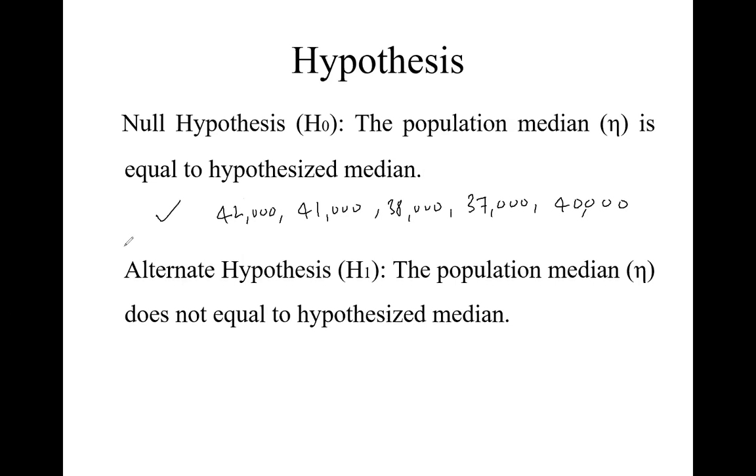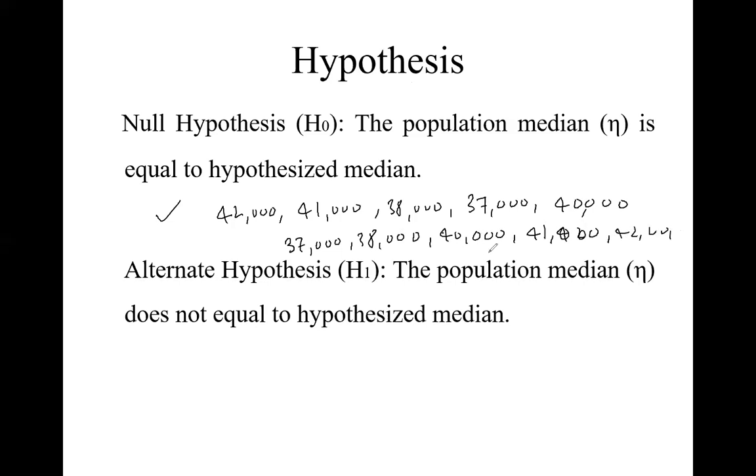So what is the median value? We get the median when we arrange these observations in either ascending or descending order. So I am arranging in ascending order: 37,000, 38,000, then 40,000, then 41,000, and 42,000.